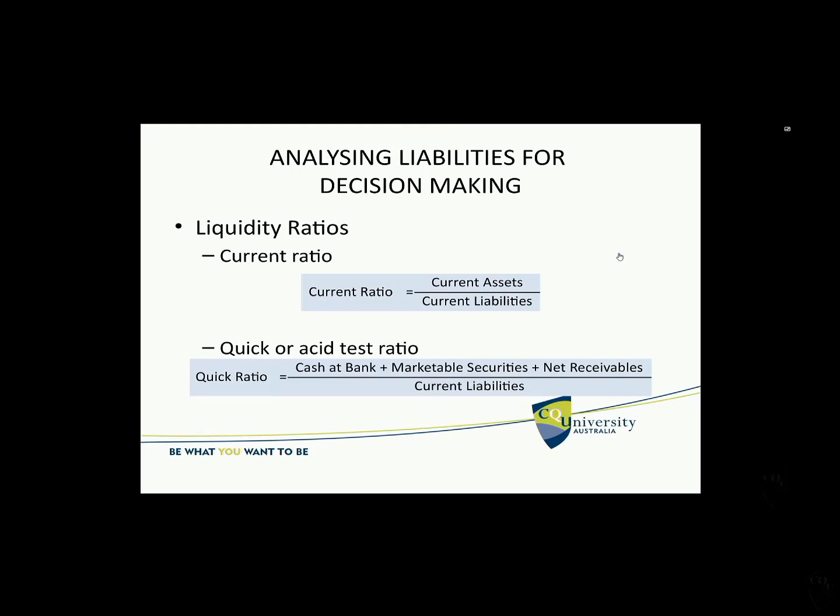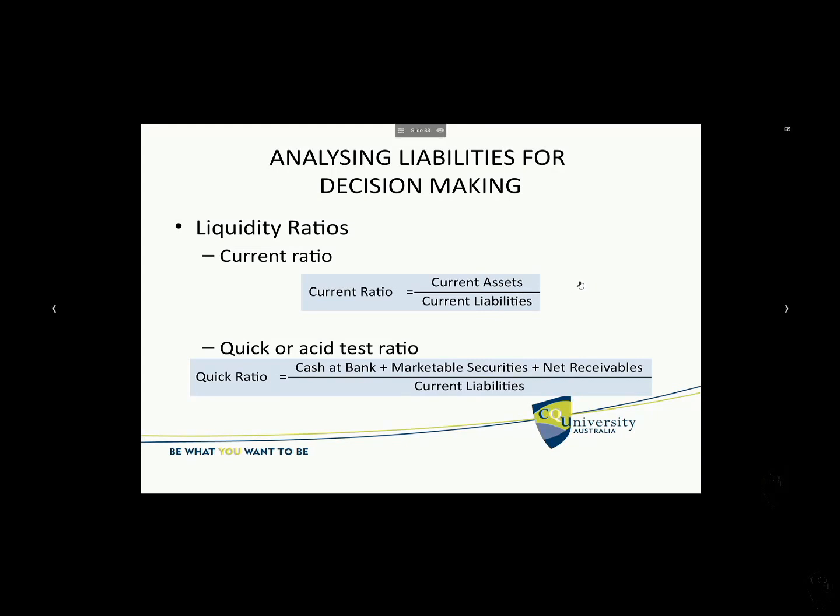In this slide here, we're talking about short-term liquidity. And the traditional ratio used is the current ratio, where we're looking at, for every dollar of current liabilities, how many dollars of current assets do we have to cover that $1 of current liability?